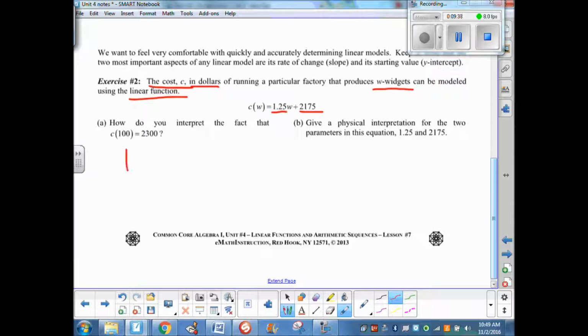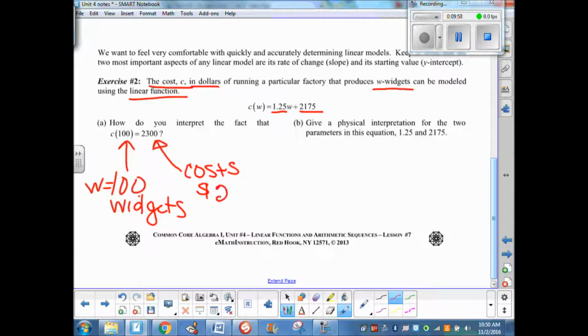The 100 is our W, that's 100 widgets. So the $2,300 represents the cost. That's how much it costs to produce 100 widgets.